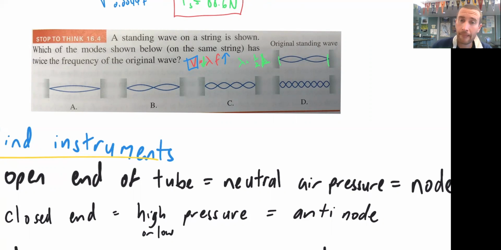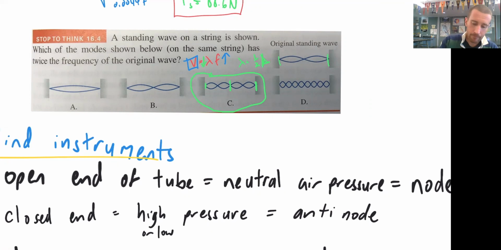That would mean 2 full waves within the length, and the one that has 2 full waves within the length is C. There is 1 full wave, and there's a second full wave. So the wavelength has now shrunk in half, which causes the frequency to go up twice. That ends up with twice the frequency of the original wave. So it's just a manipulation of wave speed equals wavelength times frequency.